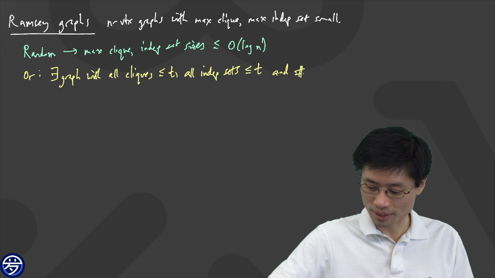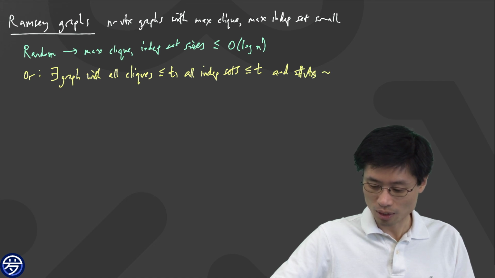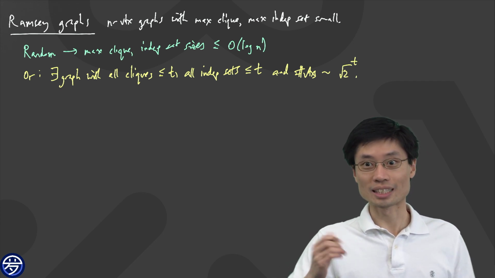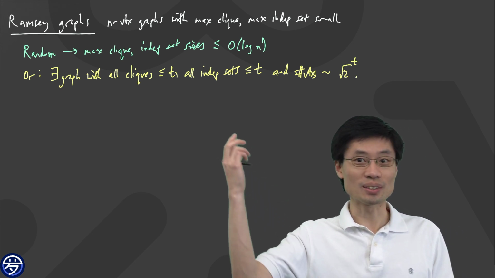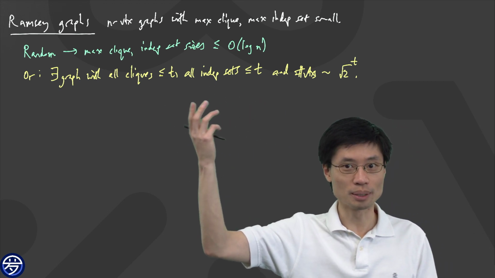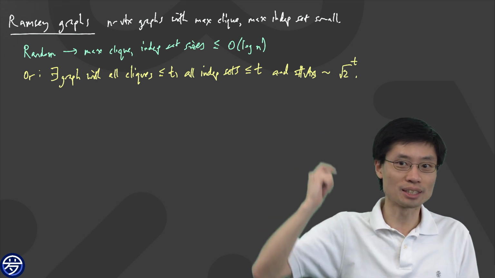And the number of vertices is of order square root of 2 to the power t. So that's exponential in size, and we already know that you can't have one which satisfies these properties, meaning no big clique, no big independent set, and has like 4 to the t many vertices.